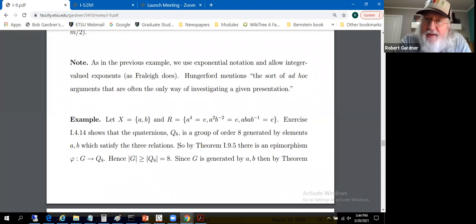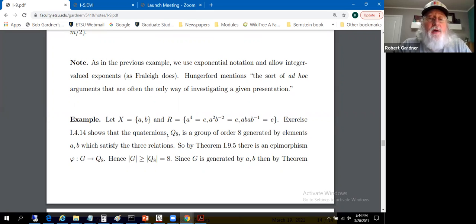If they're a ring, then they have two binary operations, and in some sense that division ring is based on this group of order 8. That's an infinite cardinality ring, and we're only talking about a group of order 8 here. The quaternions we're interested in at this stage is that group of order 8.